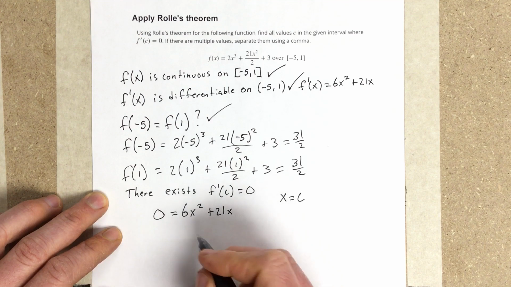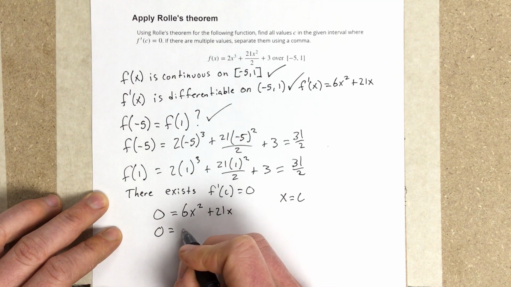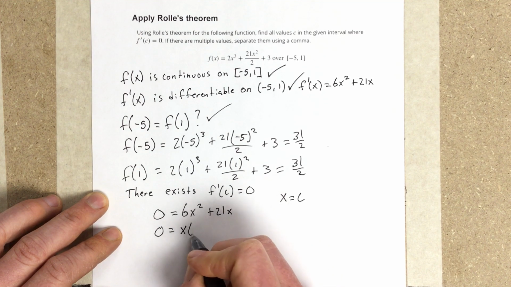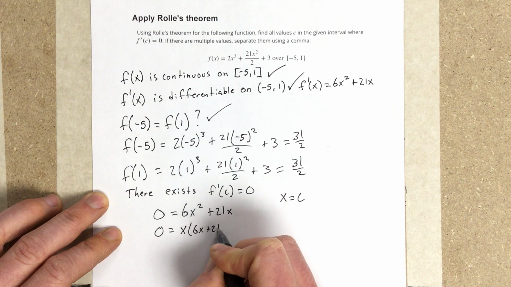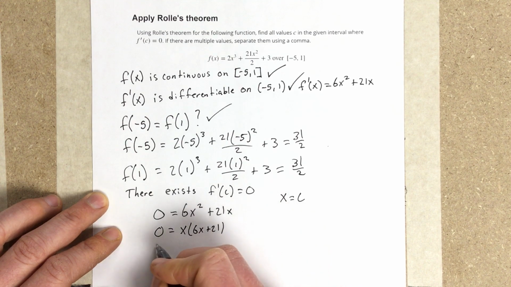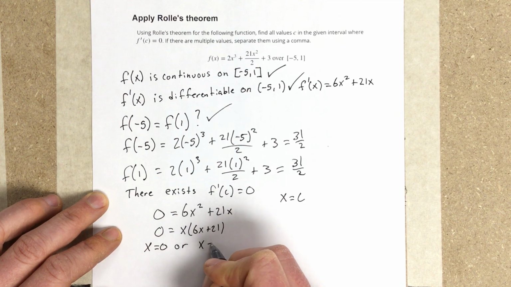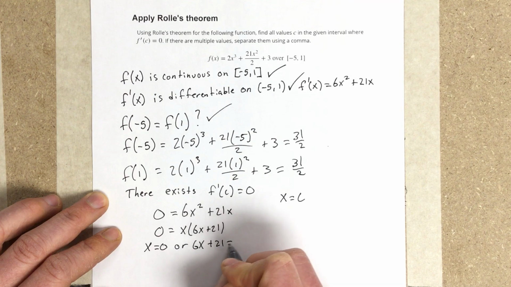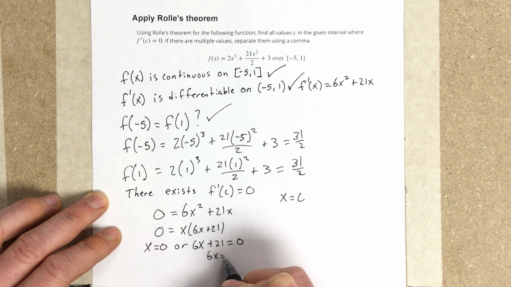So factor x out, we get 0 equals x times 6x plus 21. ZPP, x equals 0, or 6x plus 21 is equal to 0. Subtract the 21, so 6x is equal to -21.